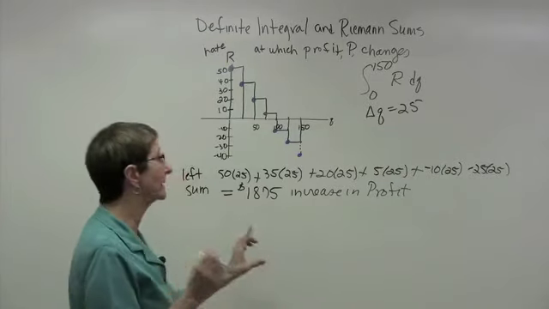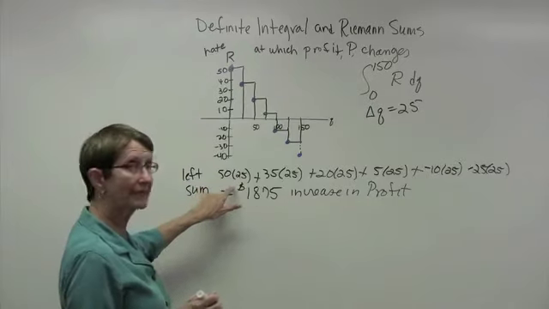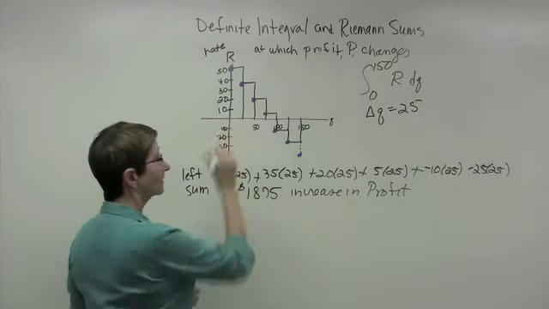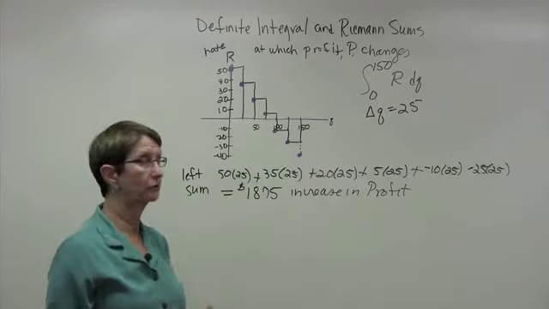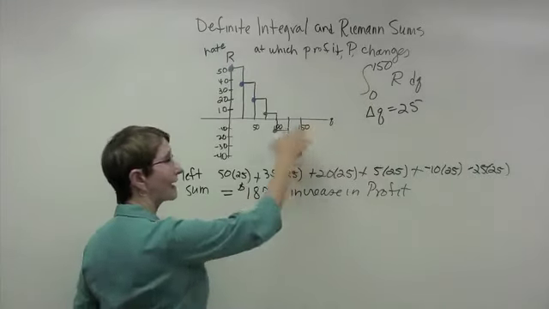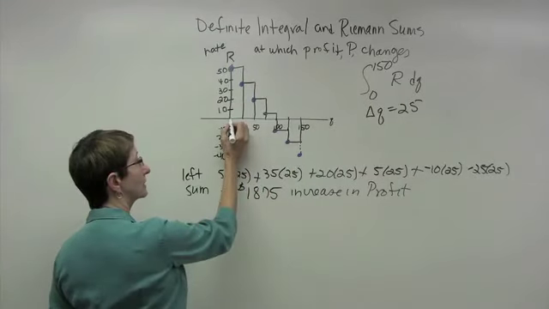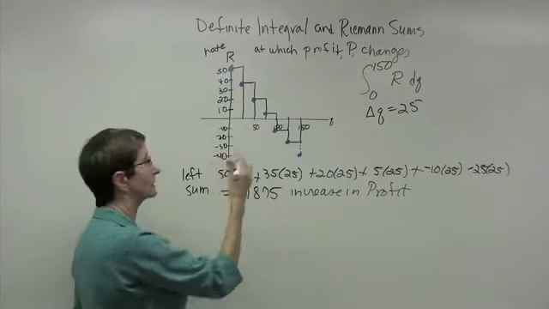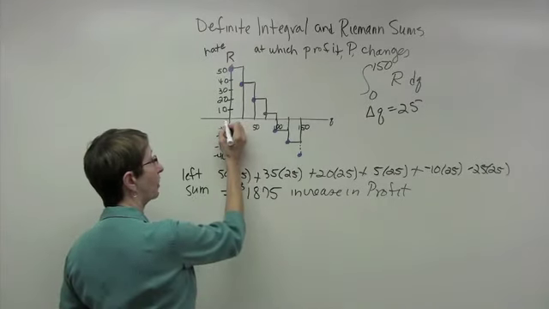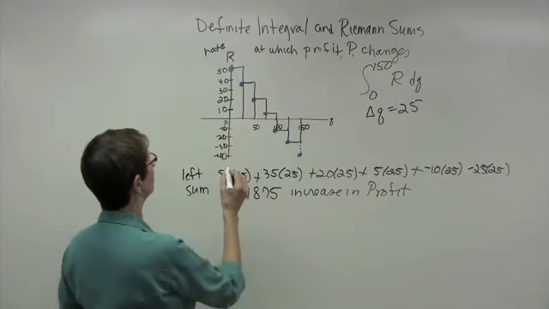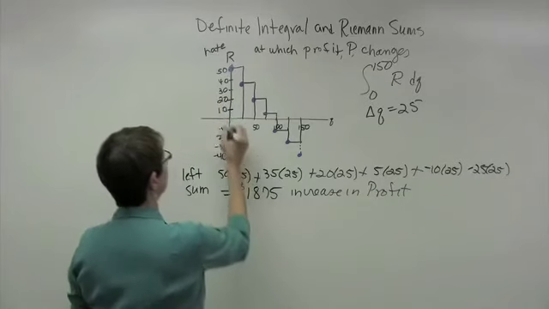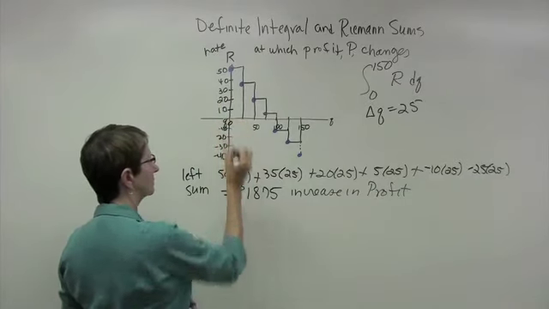Now let's look for a minute when I said I chose the left end point. Let's get real mathy here for a minute. I'm looking at values for Q, and I'm starting at Q equal to 0, and I'm going to call that X value Q sub 0.